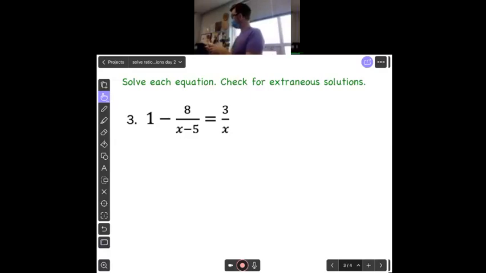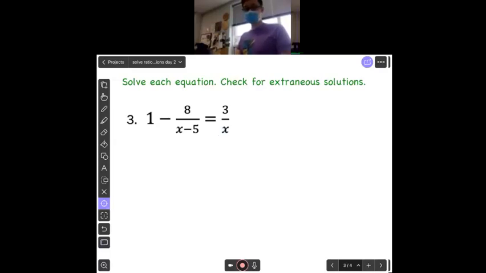They had 4 in common. But there's nothing I can multiply x by to get x minus 5. There's nothing I can multiply x minus 5 by to get x. Do they have a common factor? These do not share anything in common.